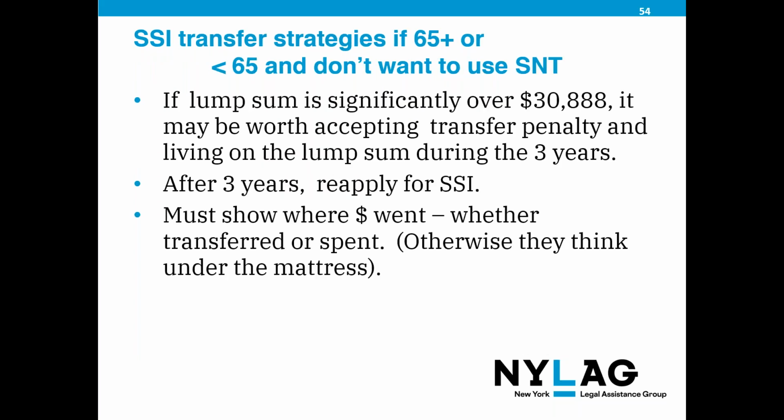Now, if it's significantly over that, if we're talking 75, 80,000, 100,000, then it could be worth it. You say, okay, I'm going to lose 31,000 in SSI, but because of that, I'm going to now have 70,000 in a pool trust that I can use the rest of my life. So that could be worth it. This is again a cost benefit analysis that you have to do.